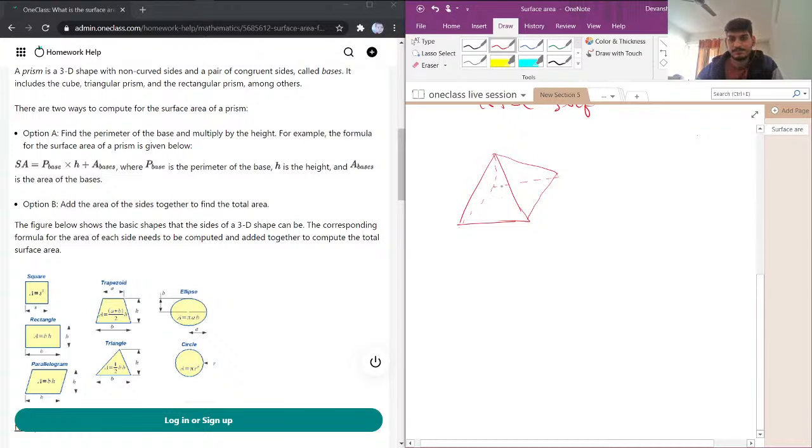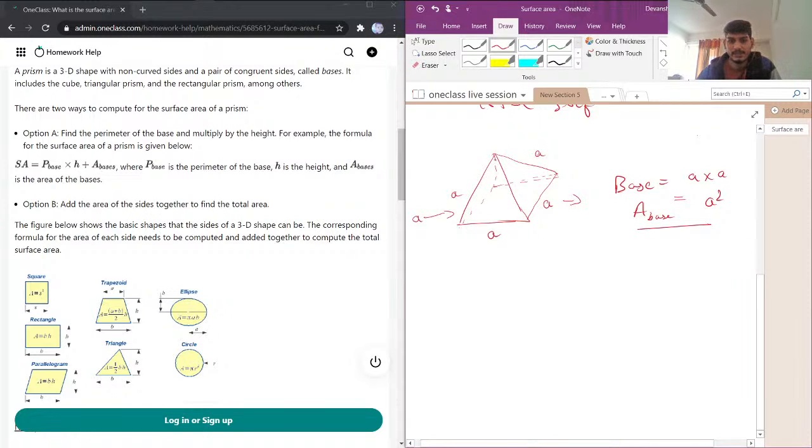Now let's say the sides are a, a and a, and as it is an equilateral triangle, the sides will also be a. So the surface area of the base will be a into a, because the base is a square and the area of a square is a square.